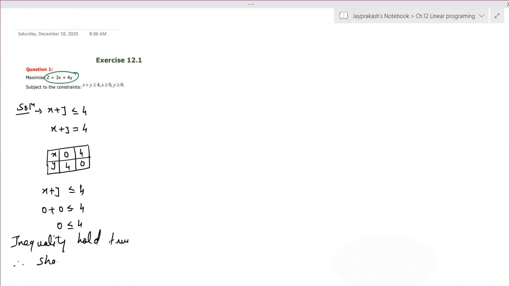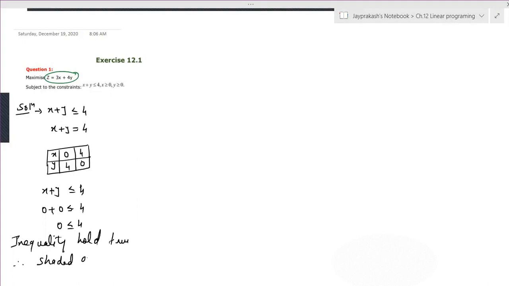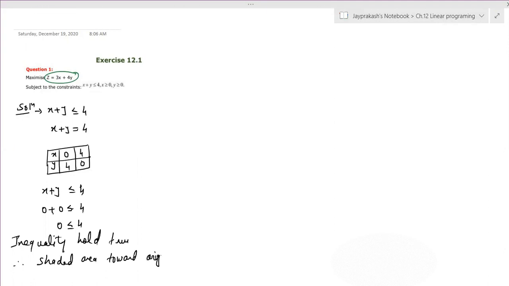Therefore, the shaded area is toward the origin. If the inequality is not true, then the shaded area is away from the origin.